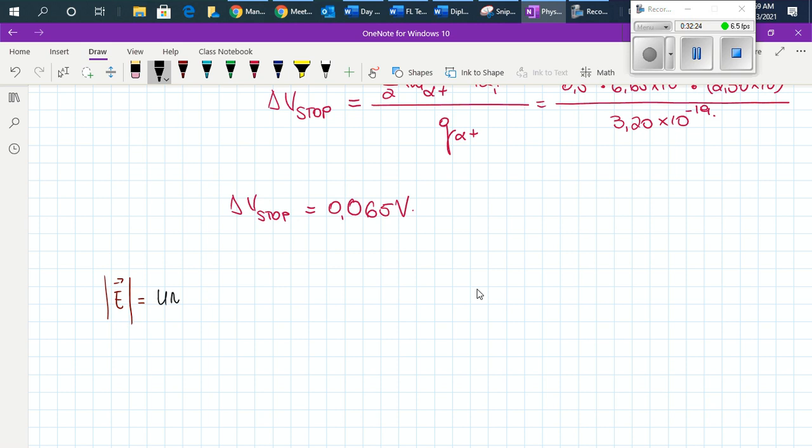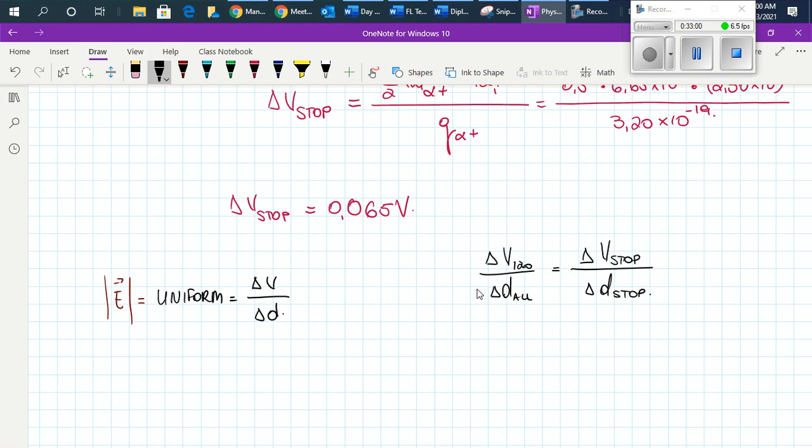So it's uniform, and it is delta V over delta D. So 120 over delta D is 5.0 times 10 to the power of 3, which is the same as delta V stop over delta D stop.